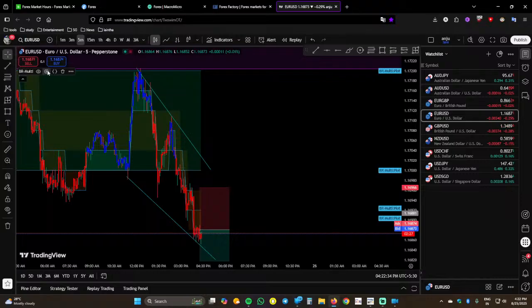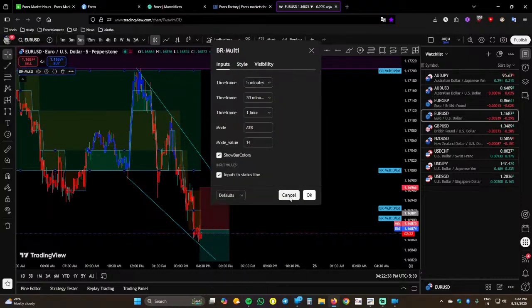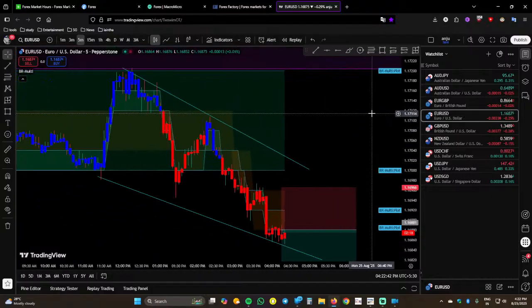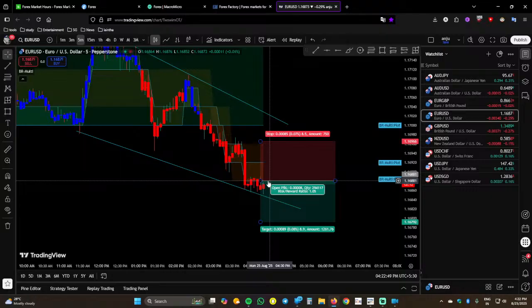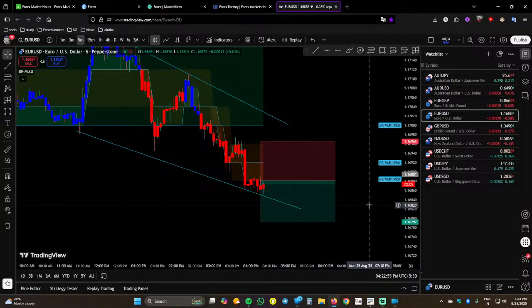So let it be like this. Let's observe what the price is going to do. I've given a decent stop loss of 2 boxes and a take profit of 2 boxes. That will make it a 1:1 trade.